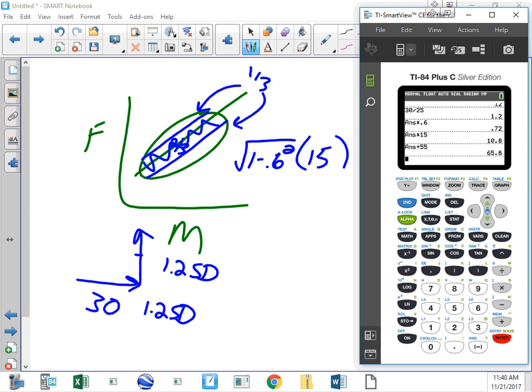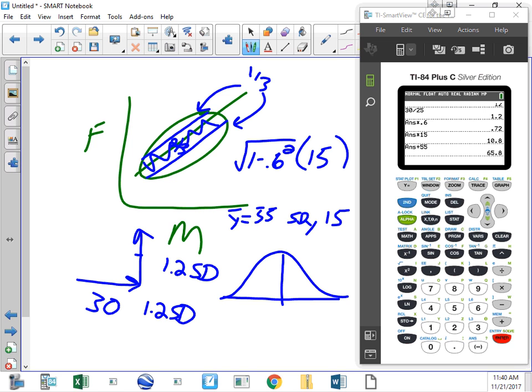Okay. About what percentage of students scored over 80 on the final? So my Y bar is 55, and my SDY is 15. So we have a histogram. This is 55, and I want to go up to 80, and I want this tail.